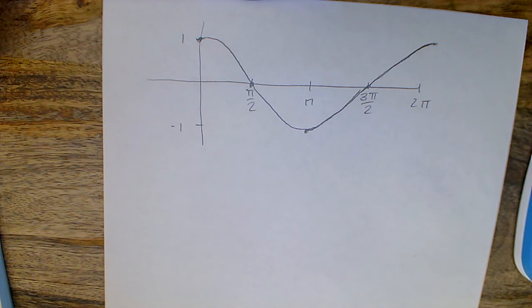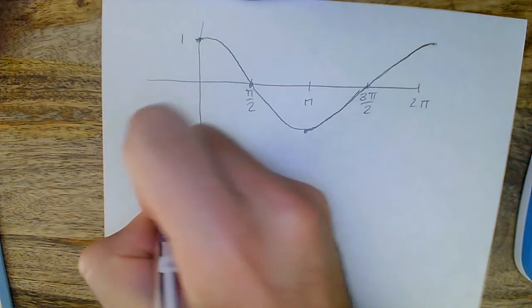So those are the graphs of the sine and cosine function. So you'll notice that I graphed what the book calls these 5 key points.